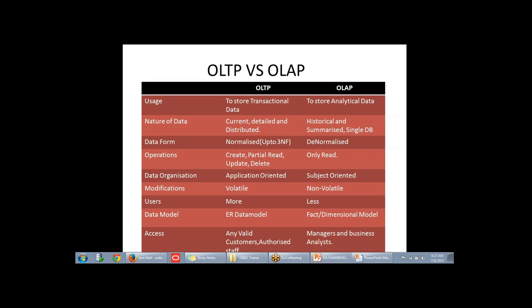So those details will not be deleted in OLAP, because whatever the loads that happened previously will stay there. The data in OLAP keeps on updating and increasing, but it will not at all be deleted, even though years and years pass.